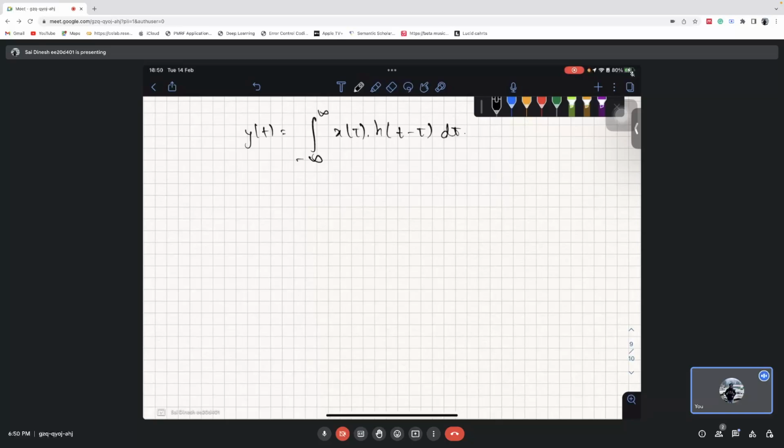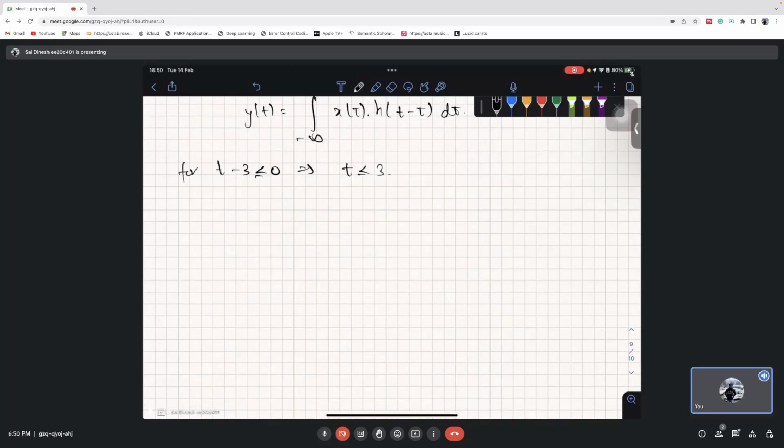So for t minus 3 less than 0, which implies t is less than or equal to 3, we have an overlap until that point of t. So y of t will be the integral from minus infinity to t minus 3 of e power 2 tau d tau, which is equal to 1 by 2 e power 2 into t minus 3.